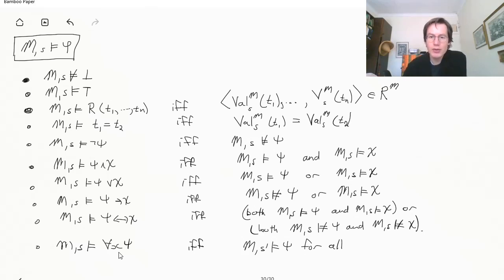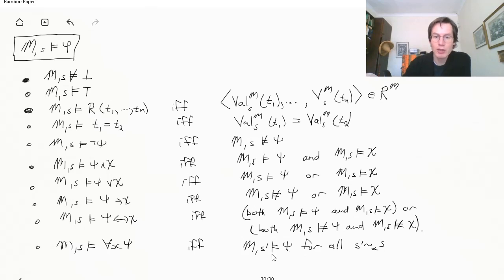So however you could change the value of x, psi will still have to be true. Other variables, now remember this is an x variant, so S prime can disagree with S in at most the value of x. So it cannot change any other variable's values, only x.